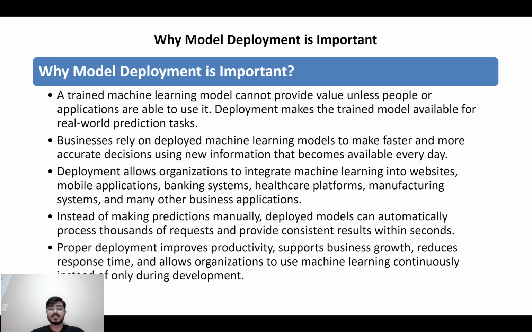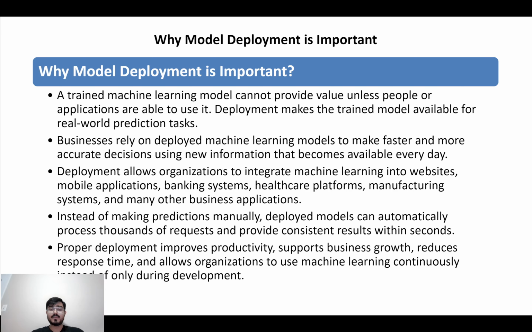Deployment allows organizations to connect machine learning models with real business systems. For example, a hospital may deploy a machine learning model that helps doctors identify possible diseases from patient reports. An online shopping company can deploy a recommendation model that suggests products customers might like.